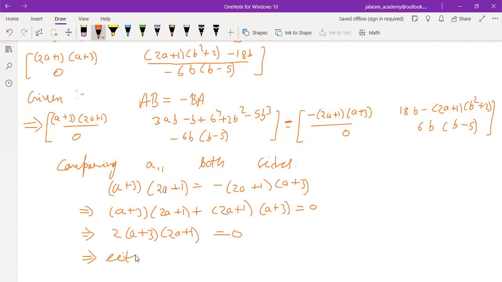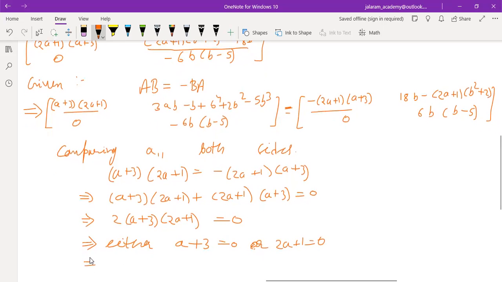It implies either A plus 3 equals to 0 or 2A plus 1 equals to 0. It implies either A equals to minus 3 or A equals to minus half.